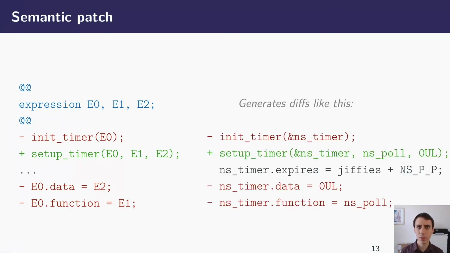When we pass a semantic patch example, like the one on the left, to Coccinelle, it automatically searches the code to find a suitable location for the transformation. If one or many are found, then it automatically generates diffs, like the one on the right.